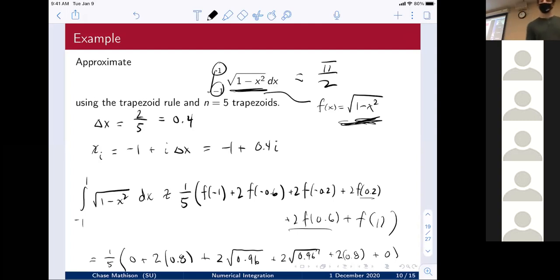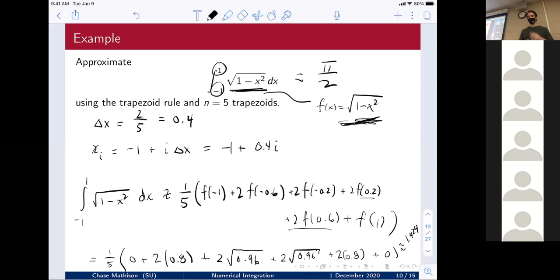We'll say about 1.424. Okay. What about pi over 2? What's that equal to? About 1.571. So, is our approximation great? No. Is it closer than just guessing? Yeah, probably. So, that is the trapezoidal rule, or the trapezoid rule.